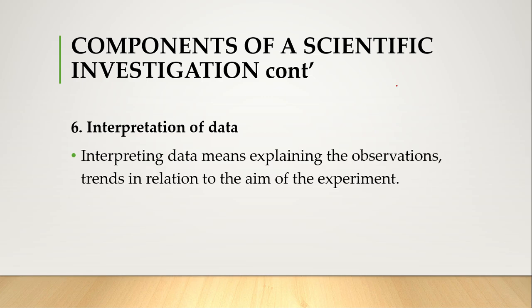So data interpretation means explaining the observation trends in relation to the aim of the experiment. So you have your results, you have your observations. Now you need to explain how those results are related to what you were aiming at in your experiment. How is that related to your aim of the experiment?